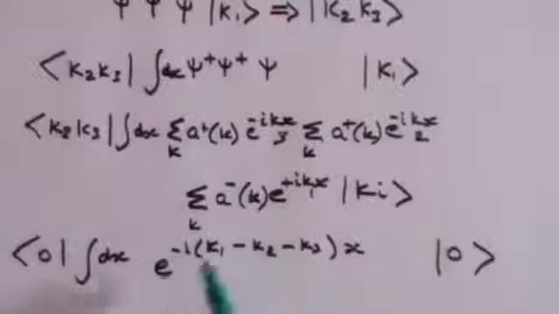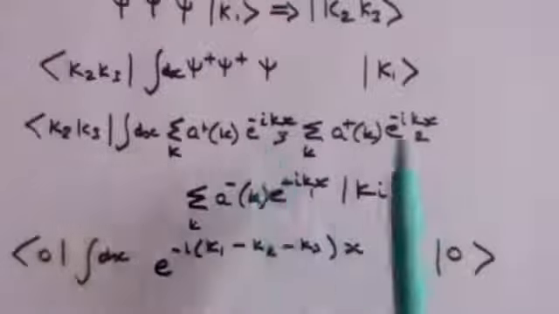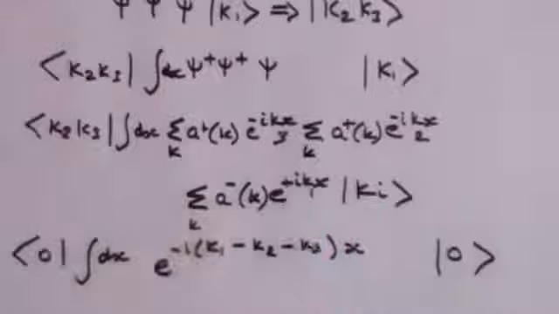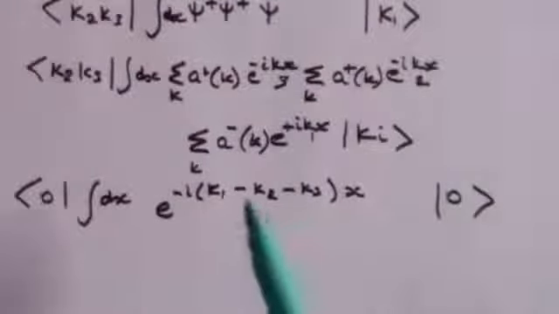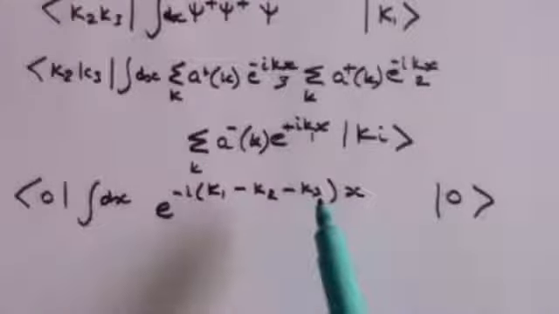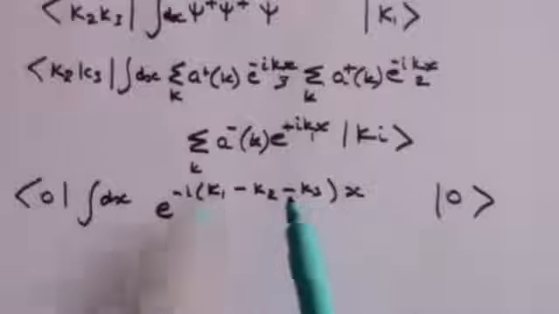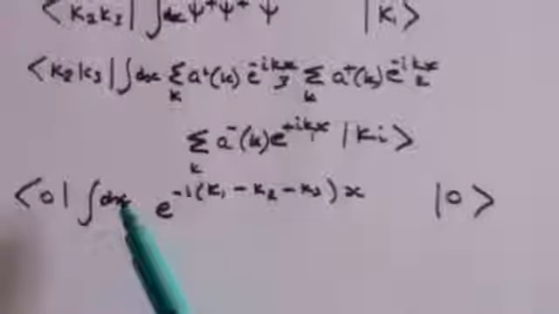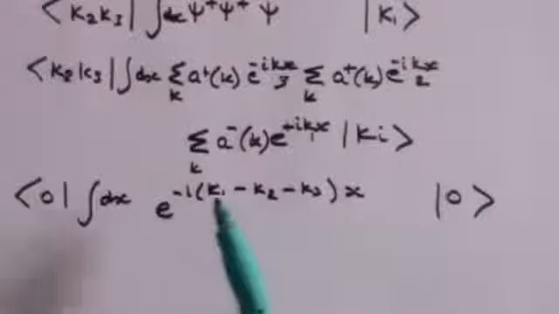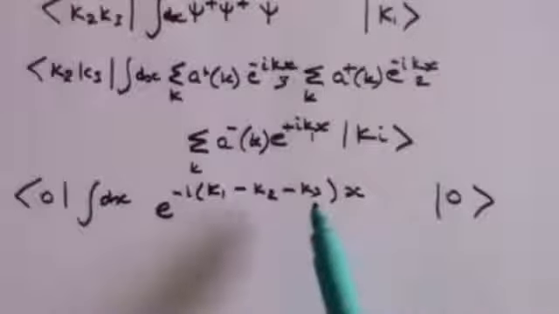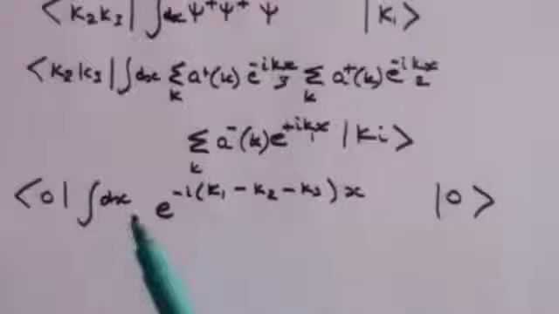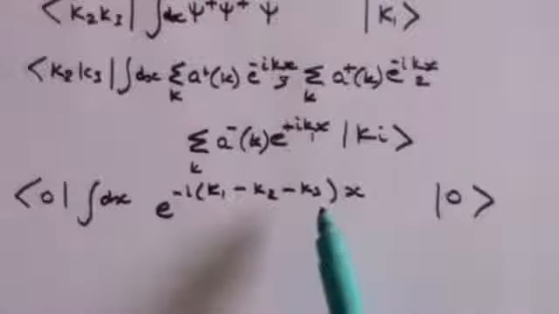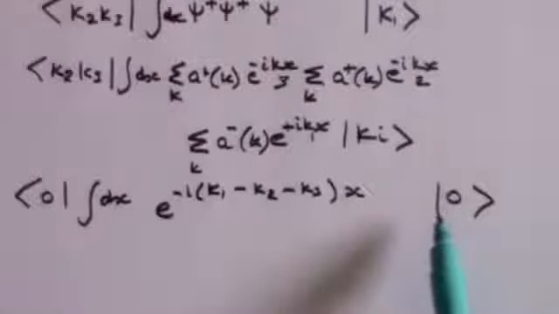That is the effect of bringing together all of these exponentials. And for the same logic as we had before, if k1 minus k2 minus k3 equals 0, then the exponential will equal 1, and then you integrate 1 over all space. But if k1 minus k2 minus k3 does not equal 0, then the integral over a whole wave will be 0, and therefore the whole term just disappears.